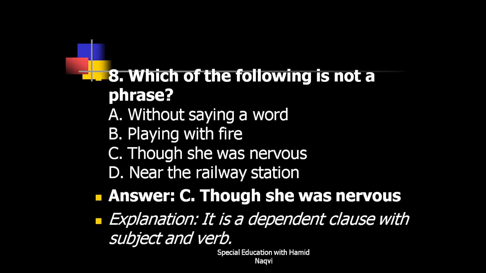It is a dependent clause with subject and verb. That means it is dependent on some other clause, some main clause. This is a subordinate clause or a dependent clause.